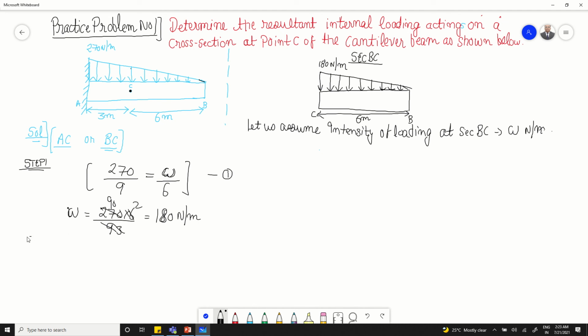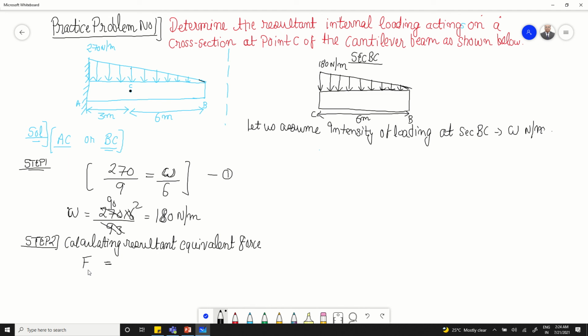Let us name this step number 2: calculating the resultant equivalent force. It will be the area of this triangle. What will be the area of this triangle?